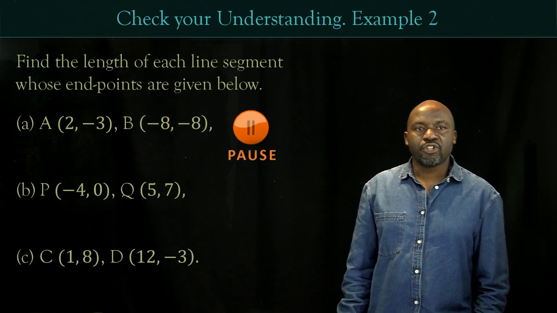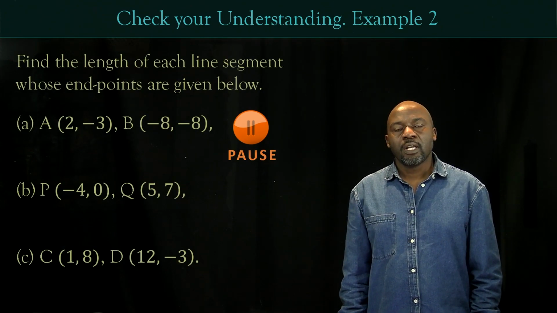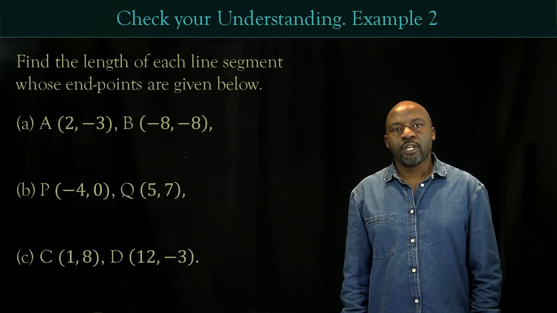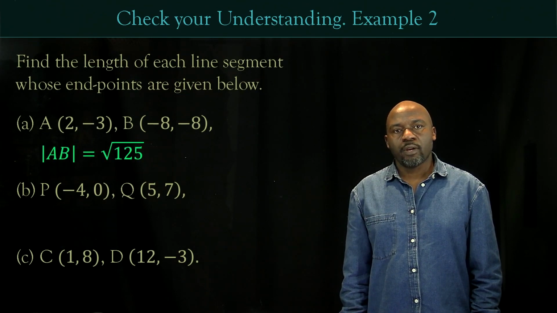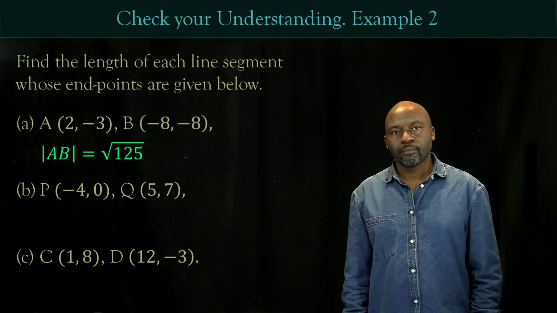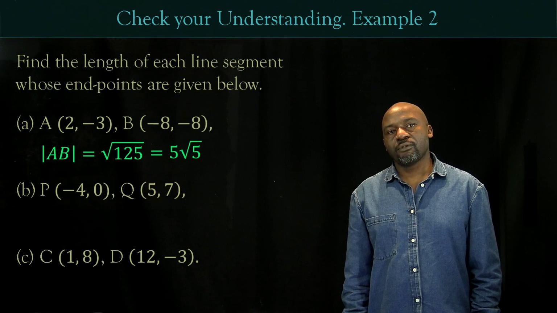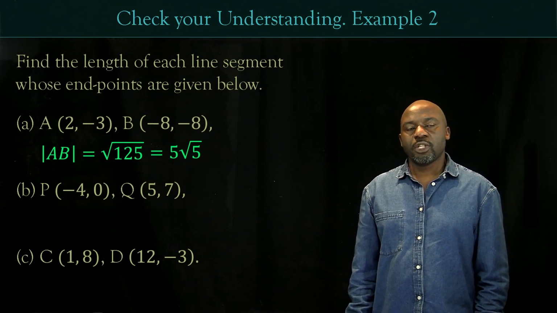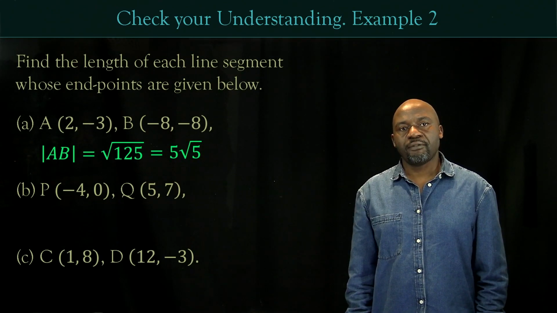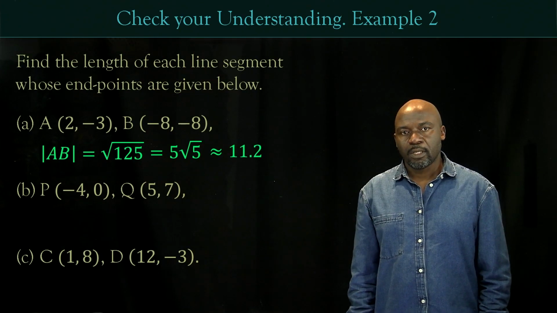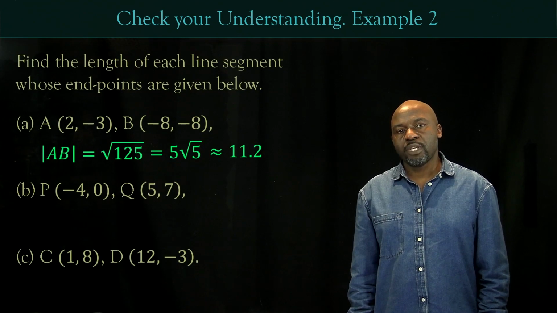And then, assuming that you have done so, the answer for the length of side AB should be equal to the square root of 125, okay, which is the same as 5 root 5, which, if you express it to 3 significant figures, is going to be about 11.2. Okay, what about PQ?